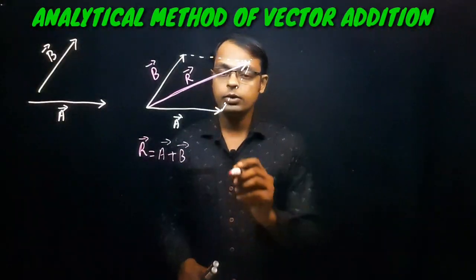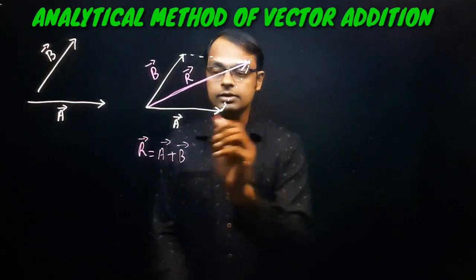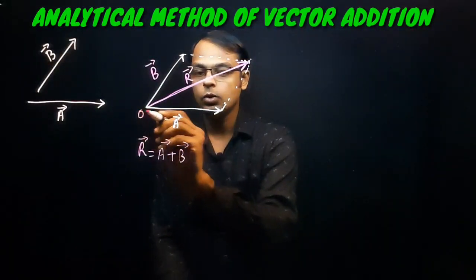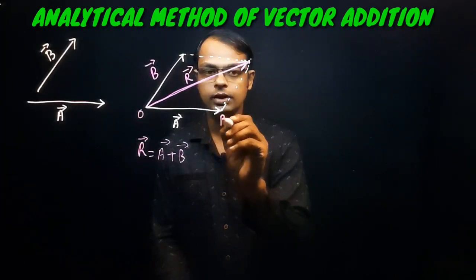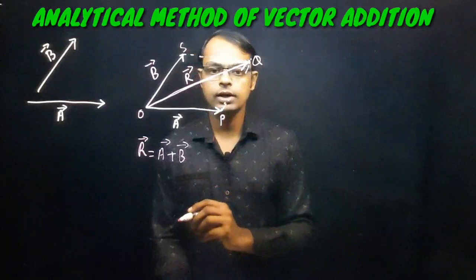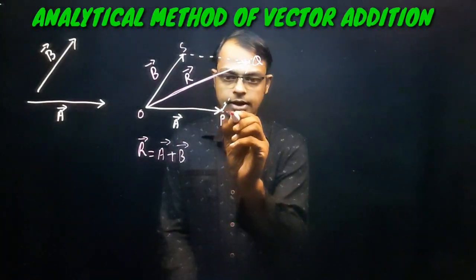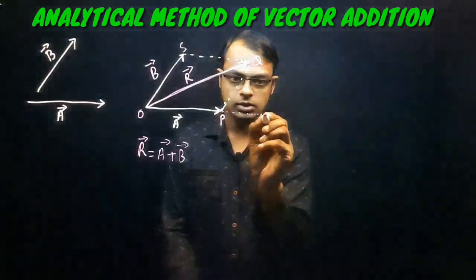For that, we extend this A vector. We can give some names here: O, P, Q, S. Just extend OP. While extending, you can see just a dotted line, just imaginary.